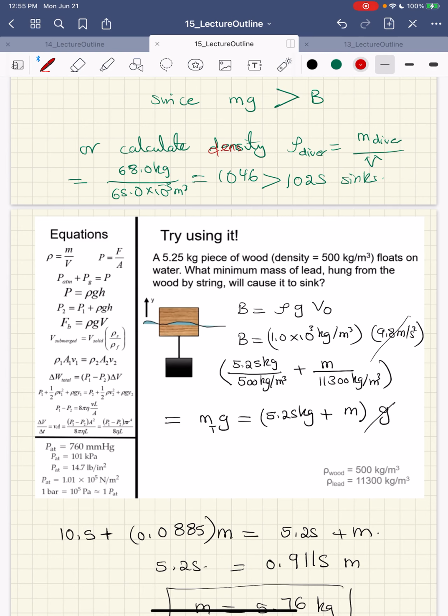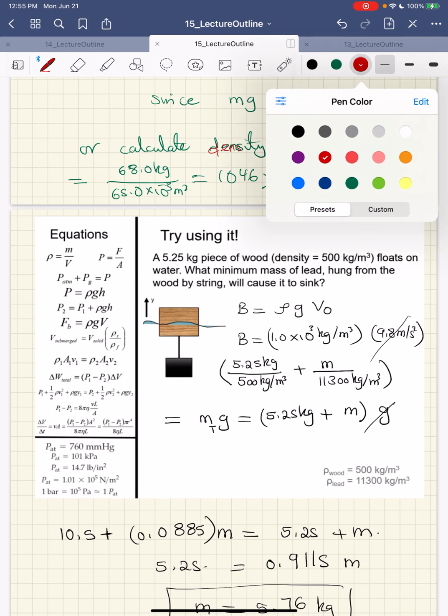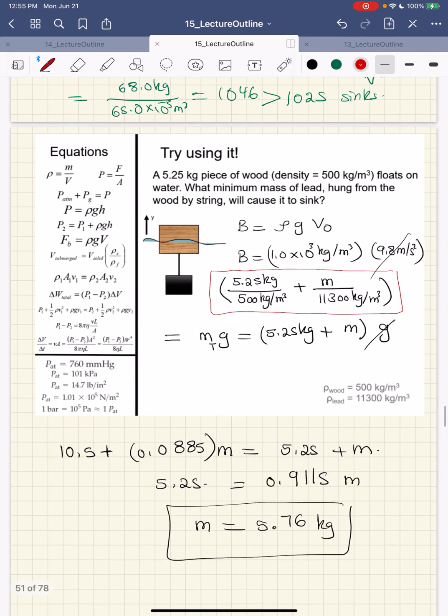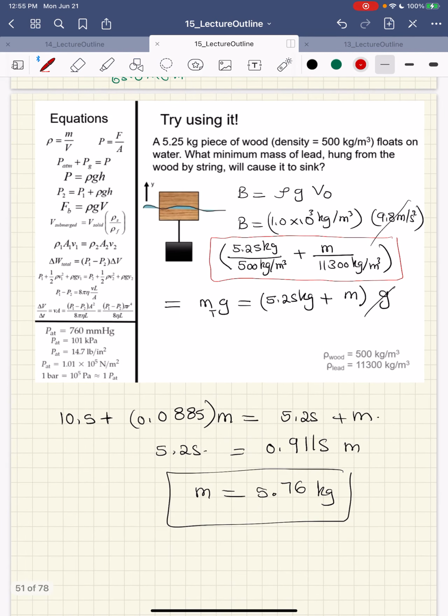Here the volume is the volume of the two, and it is mass divided by density. And then m total is going to be 5.25 plus the mass, times g. I have an equation with m as the only unknown. Then I collected my terms and calculated my mass to be 5.76.